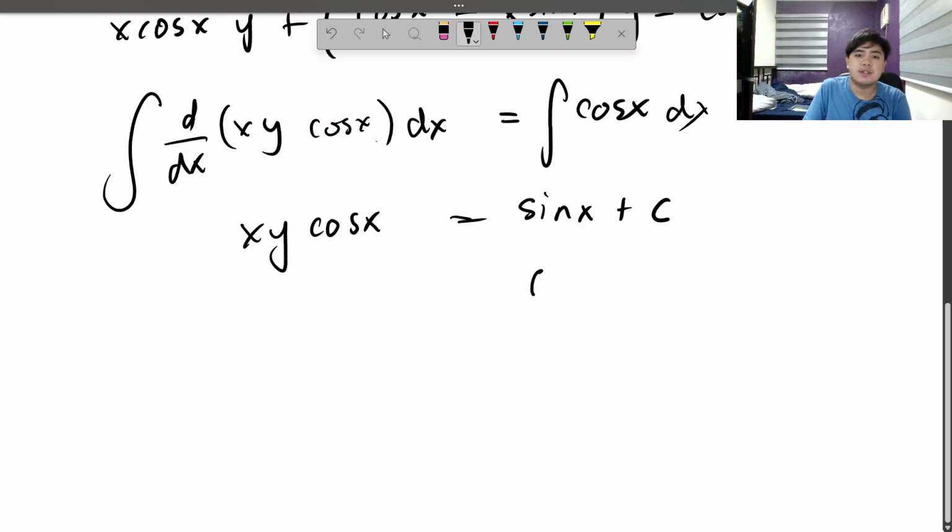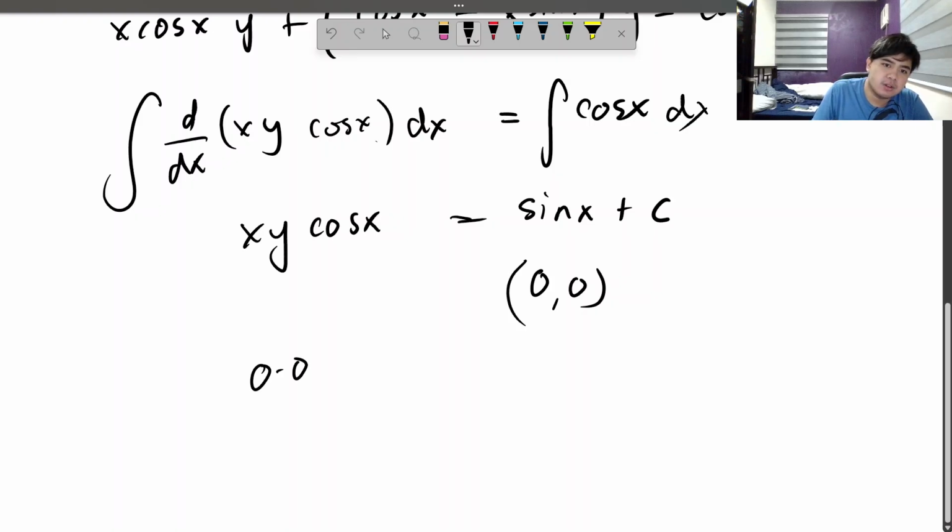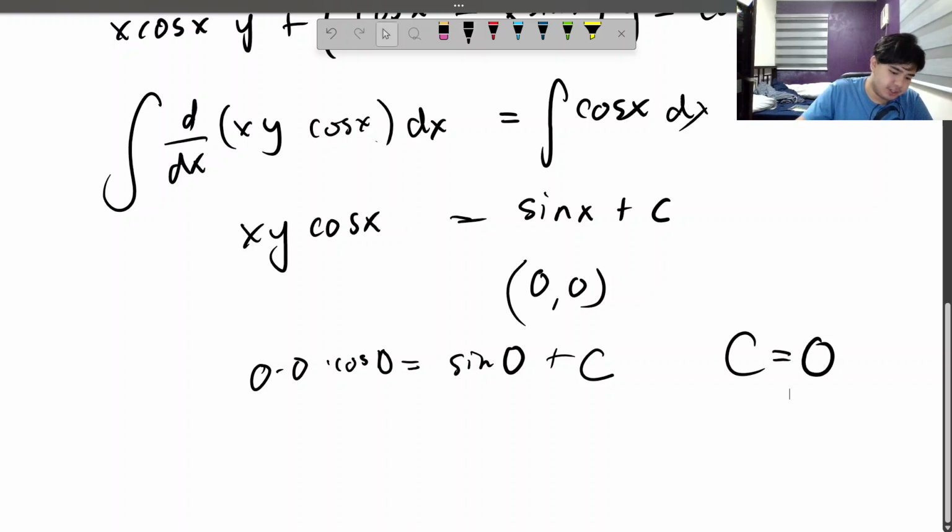So the origin is 0, 0. So x and y need to be 0. So x times y, xy, 0 times 0 times cosine 0, whatever that is. Yeah, I don't care. Equals sine of x, sine of 0, plus c. Don't forget plus c. That just means c equals 0, which is good.